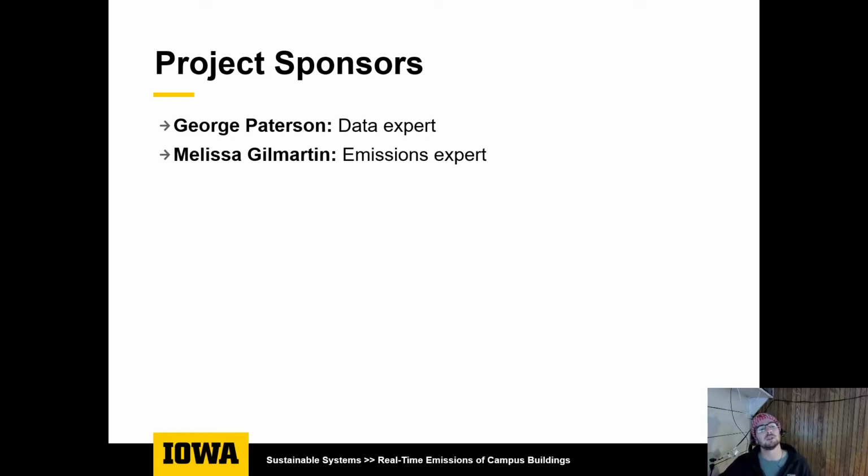So Melissa consulted on those emissions factors to convert fuel inputs to carbon emissions. She corrected more than one of my emissions calculations, so she really contributed to the final result of that CO2 value for a building.